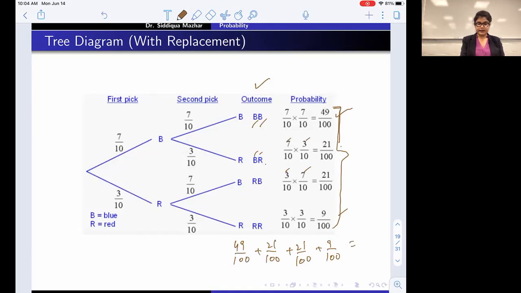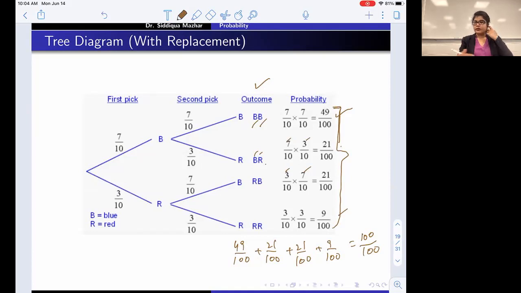Let's calculate it. This is 42 plus 9, this is 50 and 50. So this is making 100 out of 100. So it means the branches you made are absolutely correct. You didn't make any kind of mistakes. So your tree diagram is correct here.